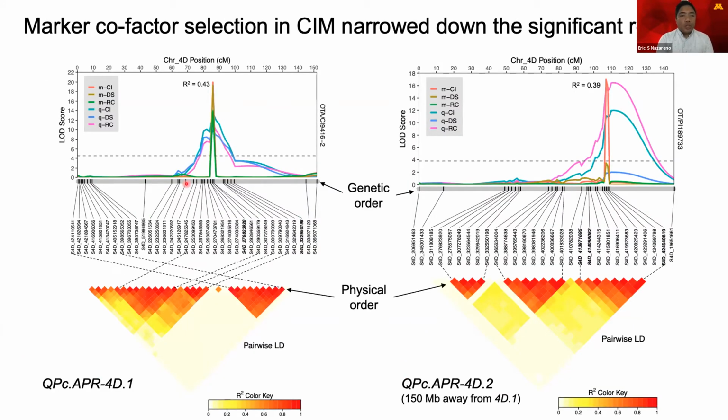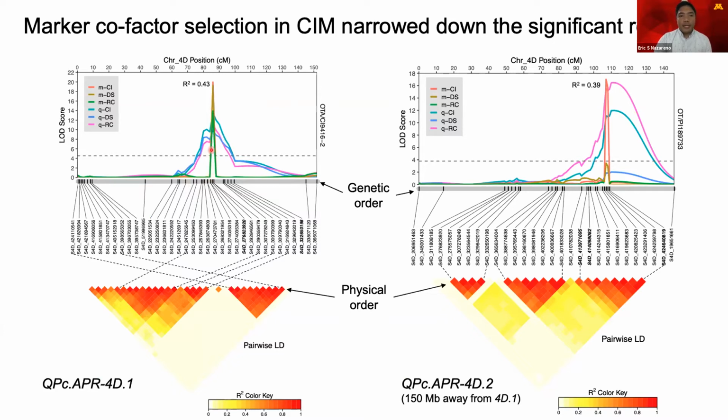This is just a zoomed-in version of the QTL that I've shown you in the previous slide. So this peak right here is for the simple interval mapping. I use another approach, which is composite interval mapping with marker cofactor selection, and that significantly decreased the interval.